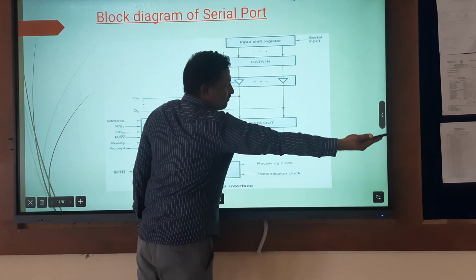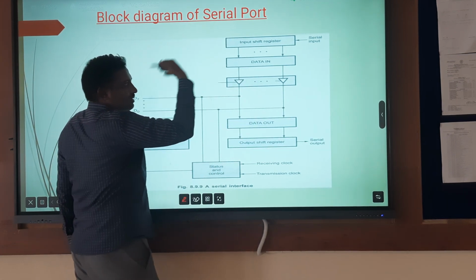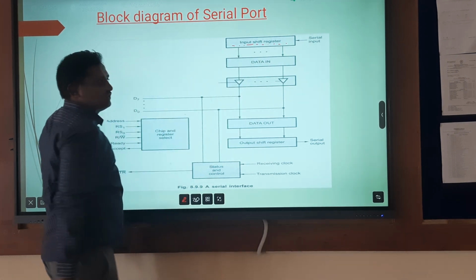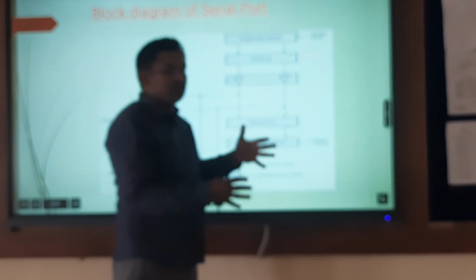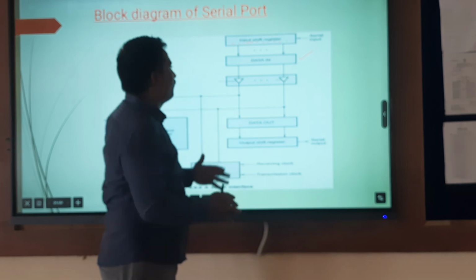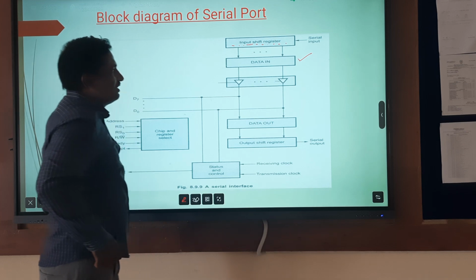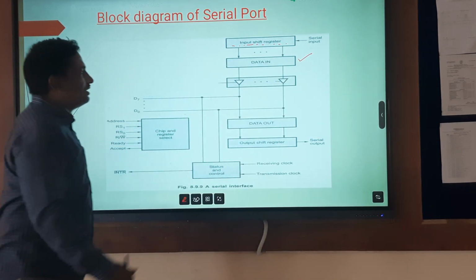The data coming from the peripheral devices to the shift register of the interface circuit is bit by bit. That is, serially the data is loaded into the input shift register, and then the data in the shift register is transferred parallelly to the data in register, because the input shift register converts the serial data into parallel form.